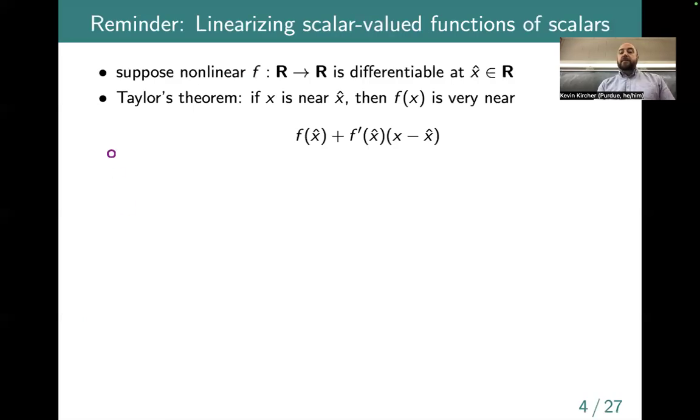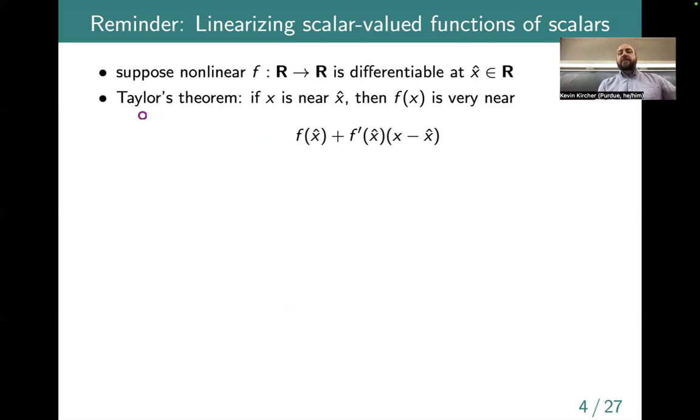Okay, so just a little reminder on how linearization works. This is starting with the scalar case, which should be familiar to everyone. Suppose we have some nonlinear function f that takes scalars as inputs and produces scalars as outputs. Let's assume that it's differentiable at some point and call that point x hat. So this could be 13 or negative 21 or whatever it is.